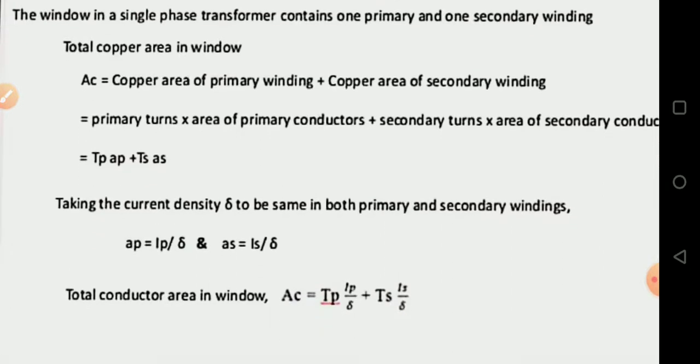Okay, so now if we want to calculate the current density, it is denoted by delta.